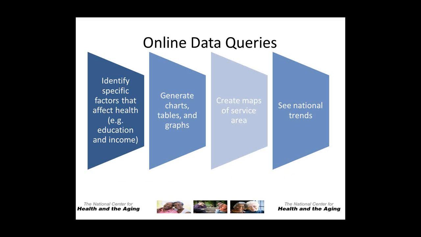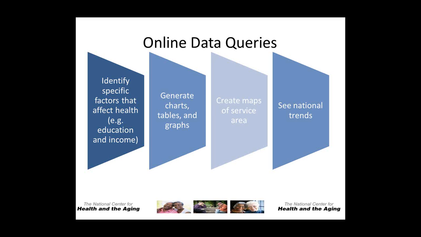These are resources, in addition to those mentioned earlier: you have County Health Rankings, you have the Behavioral Risk Factor Surveillance System, also known as BRFSS, from CDC. The Census Bureau has an online data query system, and several other federal and national data resources allow you to find the information that you need online without having to download the raw data.